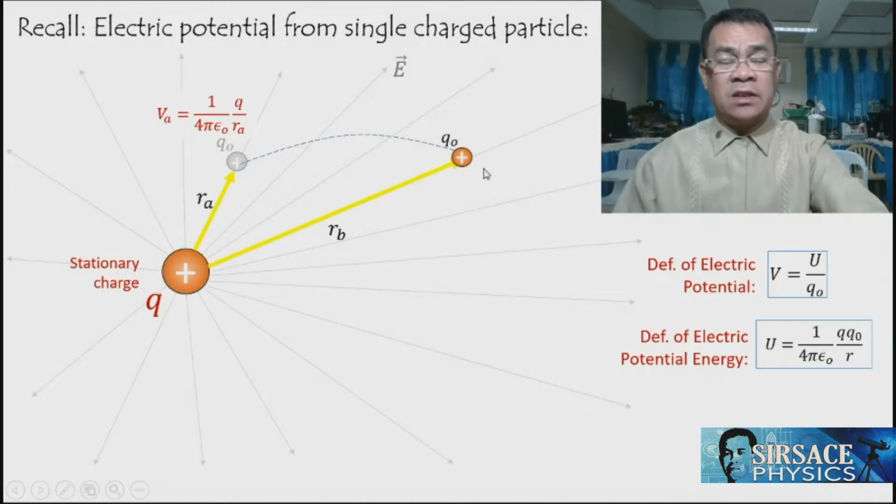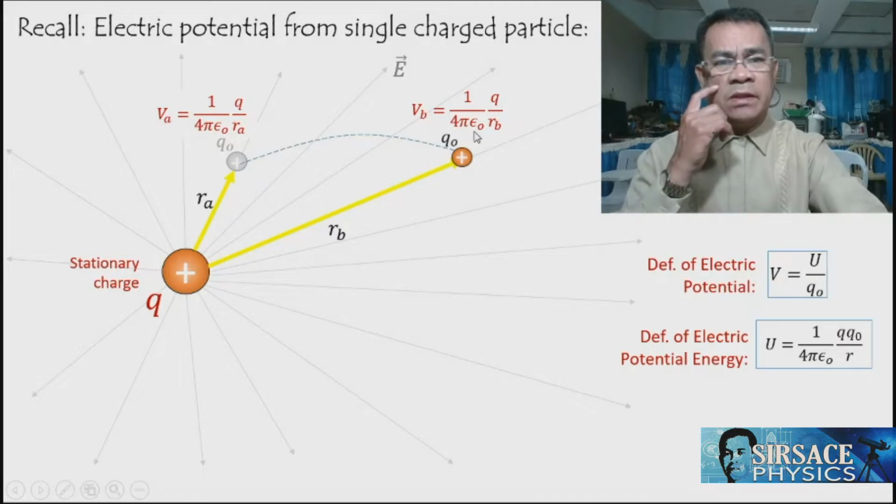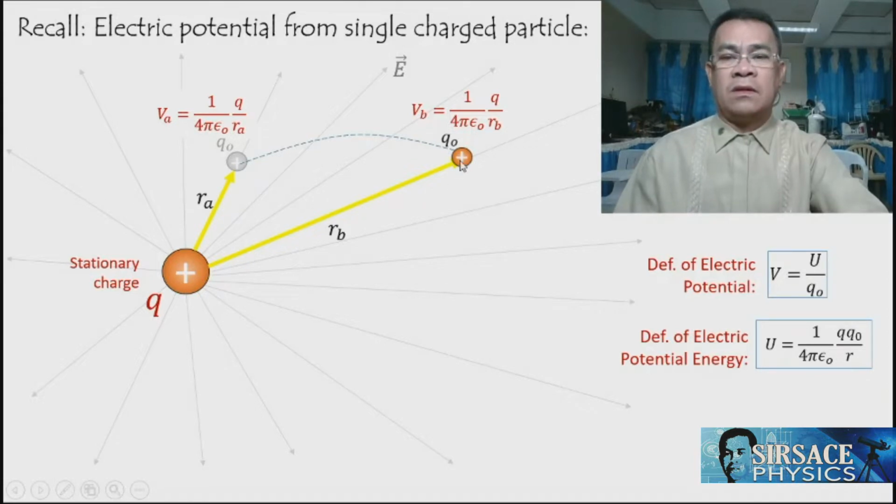How much is the electric potential? Nothing to worry about, use the formula. This is 1 over 4 pi permittivity times the same charge, but this time with a different value of the radius. If this is drawn to scale, this will provide a lesser electric potential compared to this one.